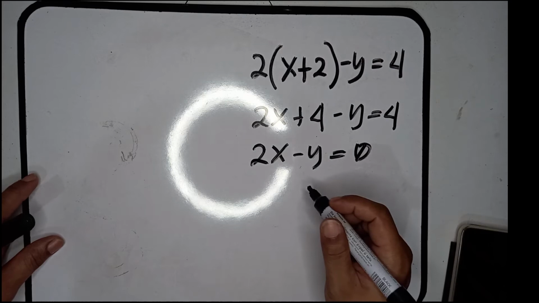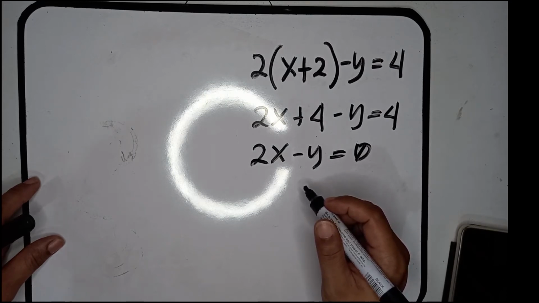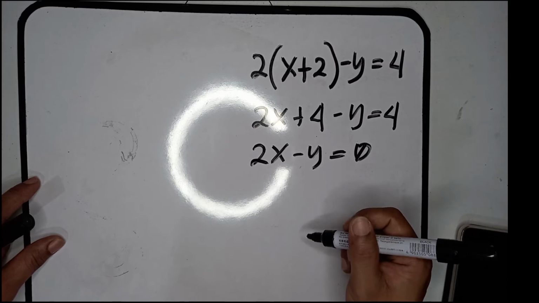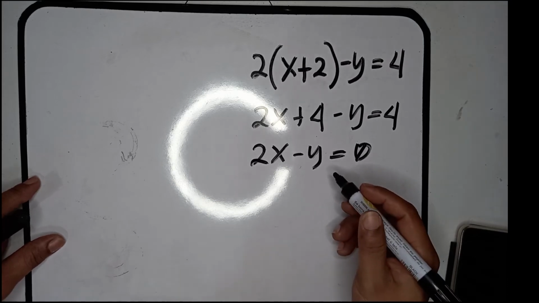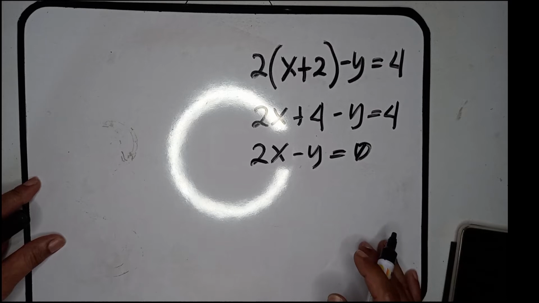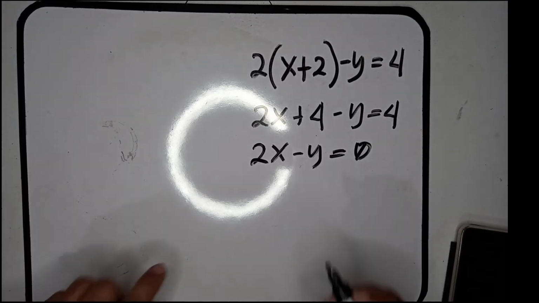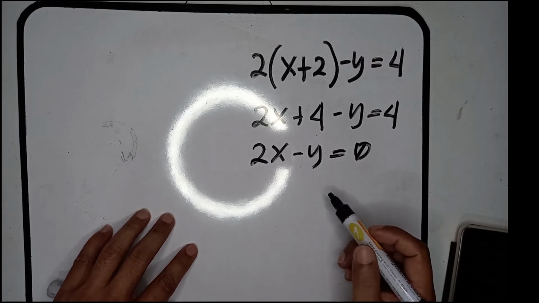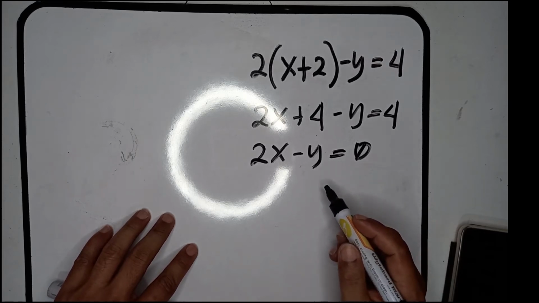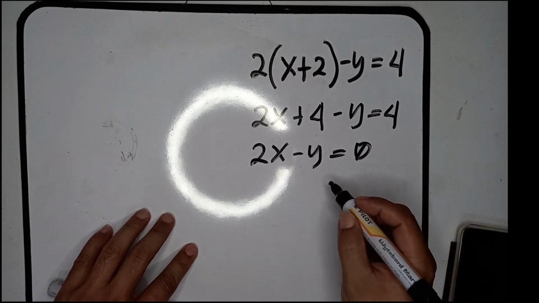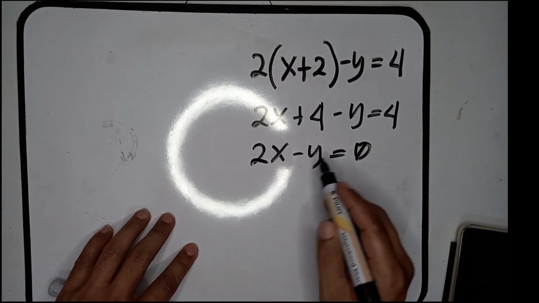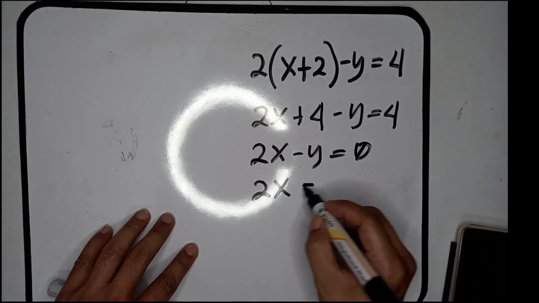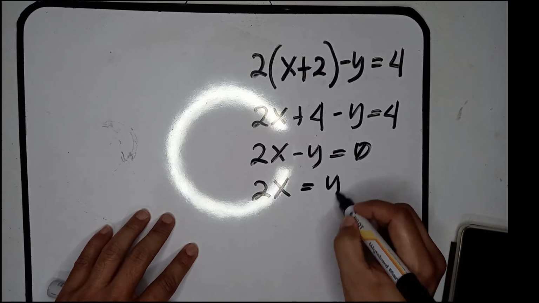And then what we can do here is let's try applying the intercept method. Let's see if we can solve this problem by applying the intercept method. Okay, given this value, what we will do is add y here. 2x equals y.